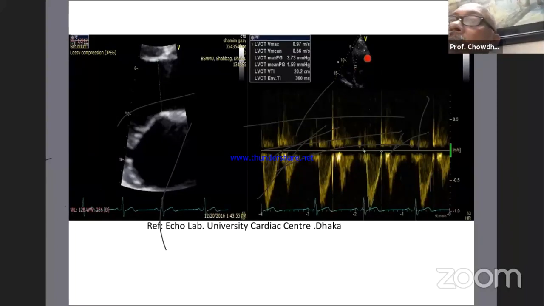I'm not really sure whether you can see it. We should put the sample volume just 1 centimeter below the aortic valve, and the cursor should be in alignment with the septum, and we should be able to obtain a good envelope of the pulse wave Doppler.